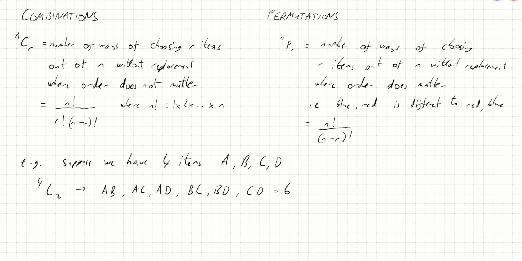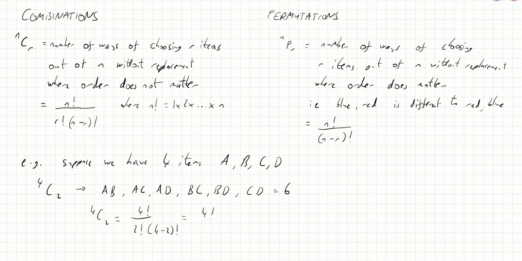When you're listing the items, if you're doing it this way, it's useful to have some sort of order. Here I did all the ones that started with A first, then the ones starting with B, and then finally the ones left over. And we can check this with the formula. Remember, 4C2 is equal to n factorial, that's 4 factorial, over r factorial, which is 2 factorial, and then (n minus r) factorial, which is (4 minus 2) factorial.